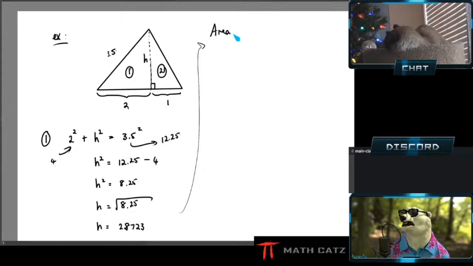So area of triangle one is now 1/2 times the base times the height. And when I do this calculation, I'll use the most accurate version of h that I have. Actually, it's not even necessary, right? When I look at this, the half and the 2 cancel, and I just get h.